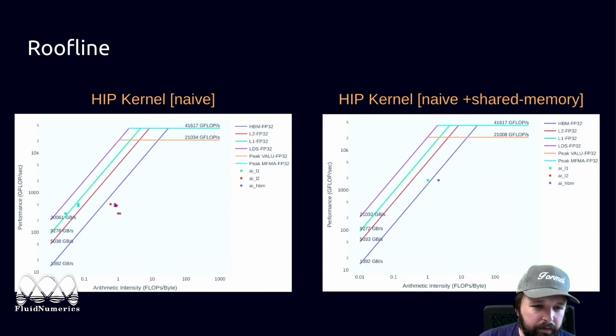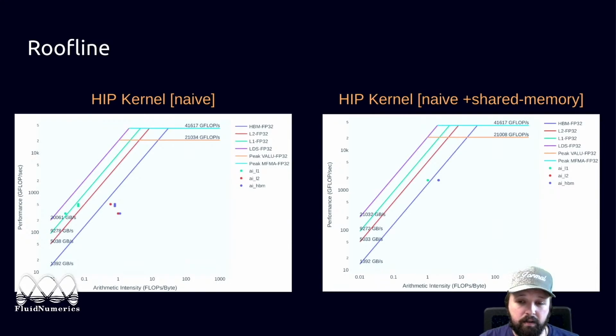You have these purple dots, you have red dots, and you have green dots. These light purple dots are the arithmetic intensity as measured by taking the total number of flops counted by the hardware counters and dividing by the total amount of memory that has been moved between HBM and L2. That gives you one measure of the flops per byte.